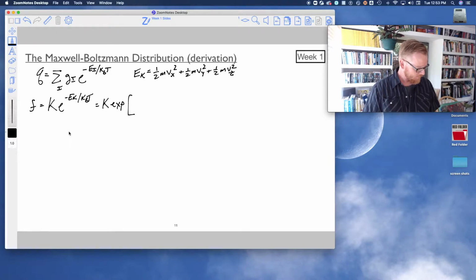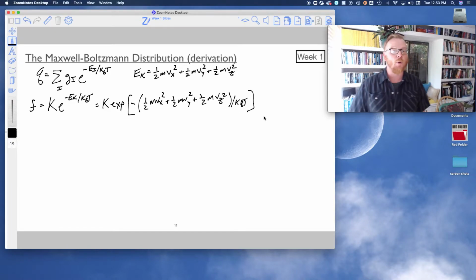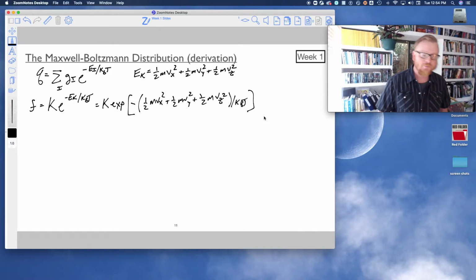I'll write negative, with a big parenthesis around 1/2 m v_x squared plus 1/2 m v_y squared plus 1/2 m v_z squared, all divided by k Boltzmann T. Note all of that is in the exponent.